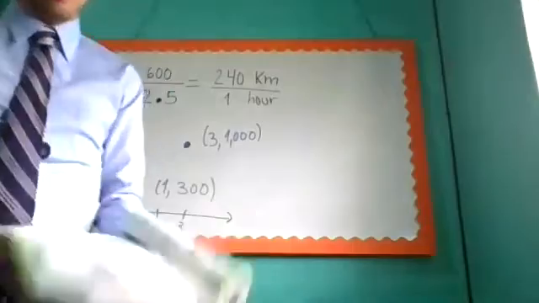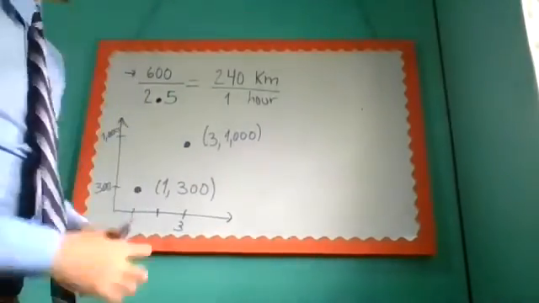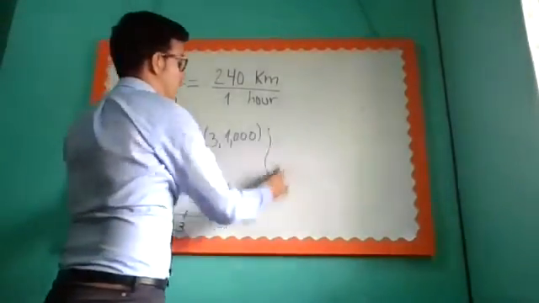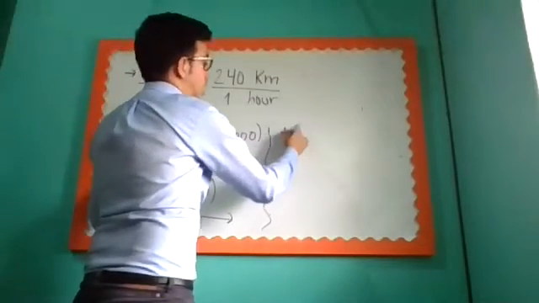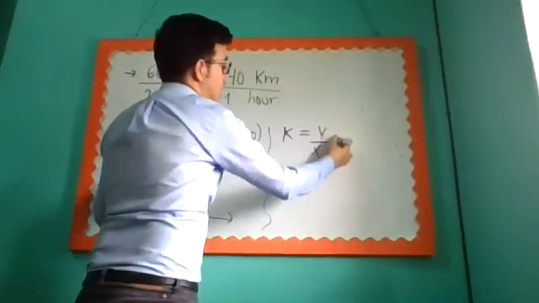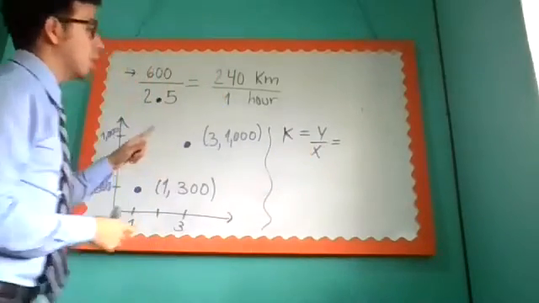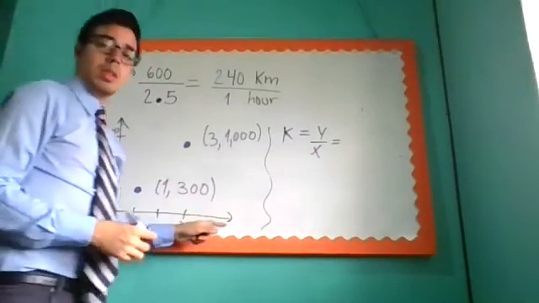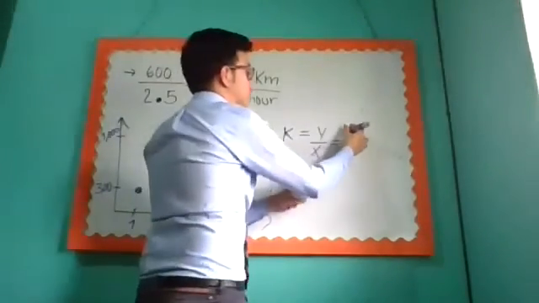So I am going to find again the value for the variable k. When you have that k is equal to y over x, you need to subtract y. What is y? 1,000 minus 300.